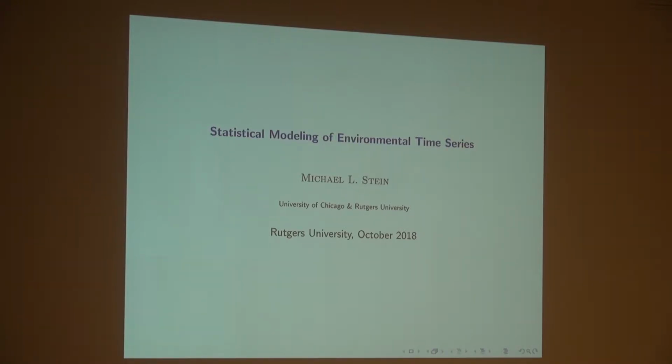I know when I'm sitting in class and he's been giving some lectures on spatial temporal statistics, I use it a fair bit. I'm sort of getting it from one of the people who did some of the key early work on developing these methods. And he's going to talk to us today about a couple of the statistical problems in environmental science. Michael.